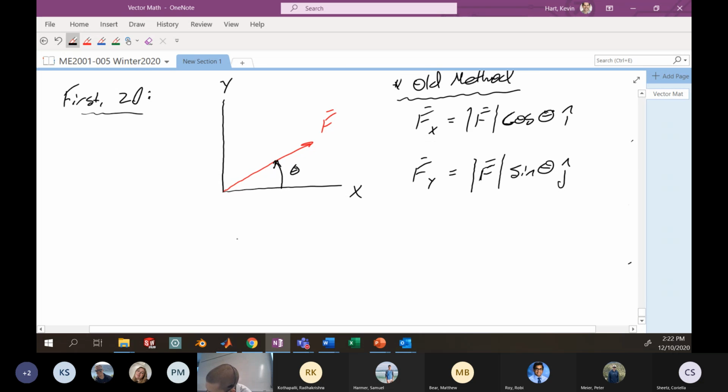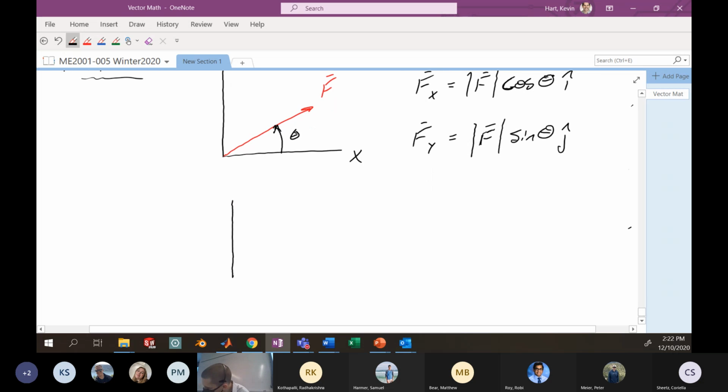So let's introduce this new method where we're looking at the same situation, but now we don't just have that angle theta that we work with. We still have this vector F, but we define the angle between that force F and every single axis independently.